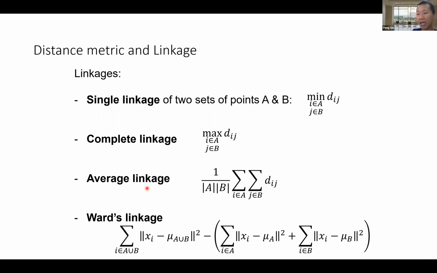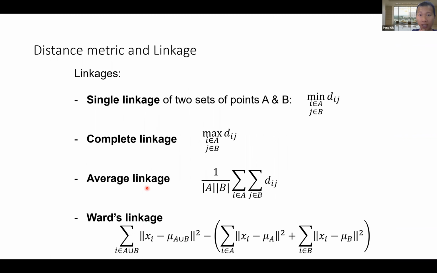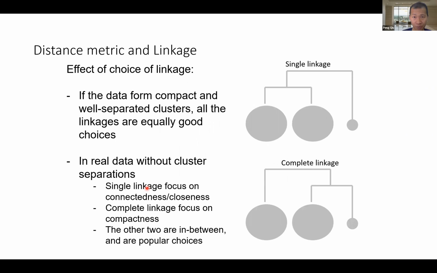Okay, so now that we have the distance metric and the linkage discussed, once we make our choice of what distance metric and what linkage we use, we have the hierarchical clustering algorithm completely specified, and we can run the algorithm to generate the tree structure. Now how do we choose these? I've already touched upon how to choose the distance metric, but how do we choose among these linkages?